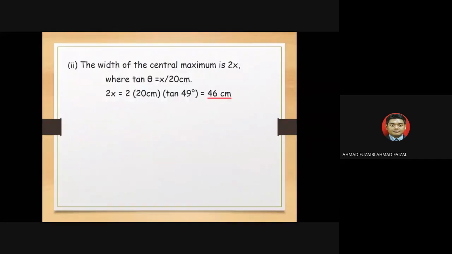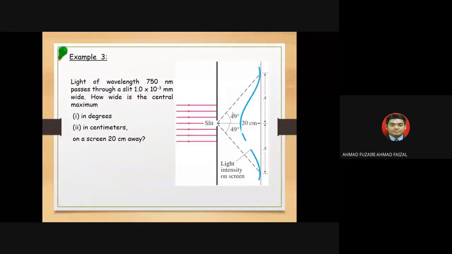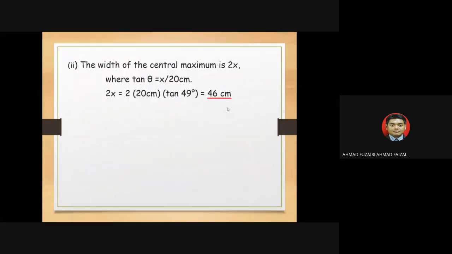Next, you want to convert your answer to centimeters. So from the angular position, you're going to apply your tan function. So it's tan 49 degrees equals x over 20 centimeters. Once you've calculated this vertical position, you multiply your answer by 2. That will then give you the width of the central maximum in centimeters. That is 46 centimeters.